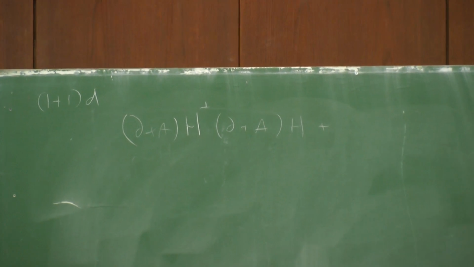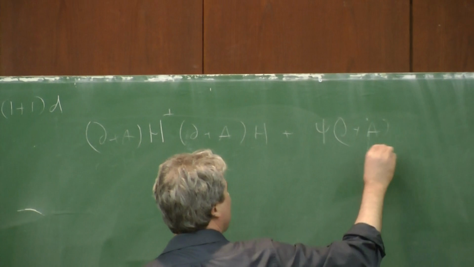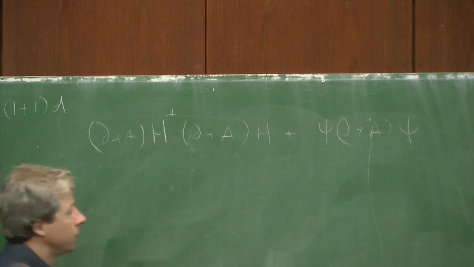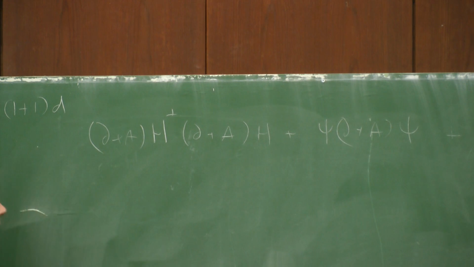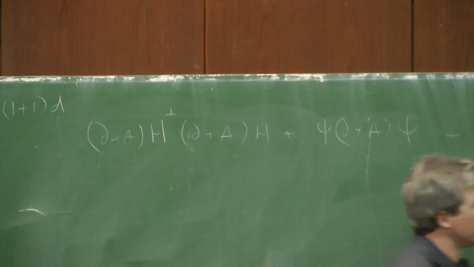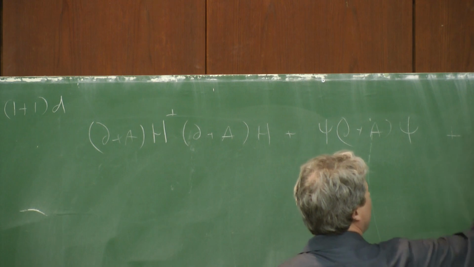Then there are the fermions. They have a similar Dirac type Lagrangian. Then there's a coupling to these variables, which I call x squared.